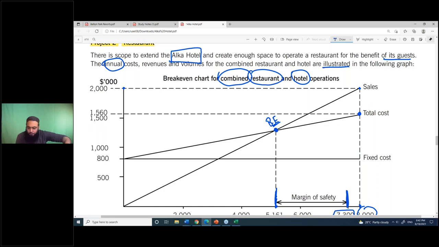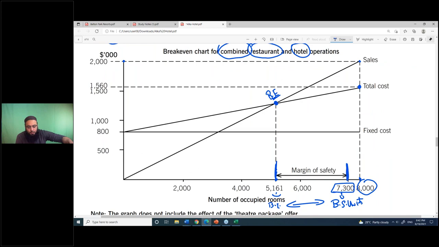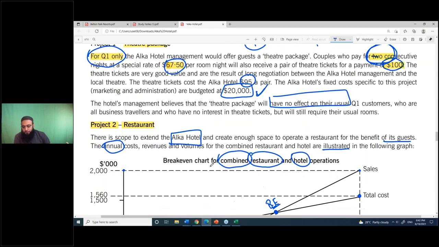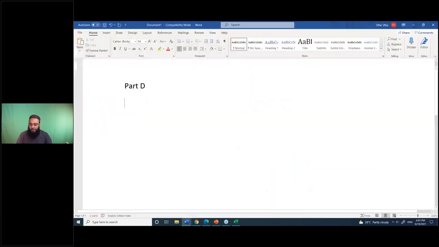First of all, the key finding I can quickly observe is that my fixed cost is 800,000, which previously was 600,000. So it's a clear sign that the fixed cost will increase by 200,000.